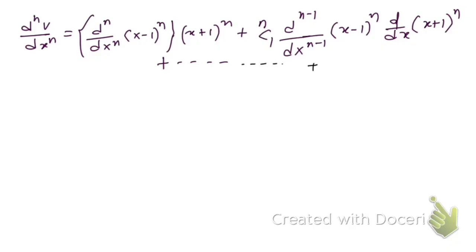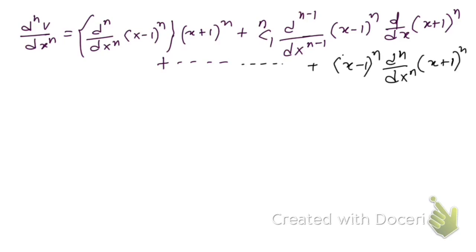So at the end we should get the zeroth order derivative. That means simply this term, if you write this term without differential coefficient, (x minus 1)^n, and here the order of this derivative becomes nth order, (x plus 1).